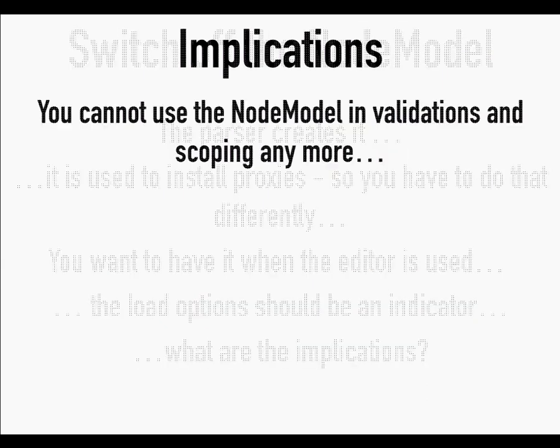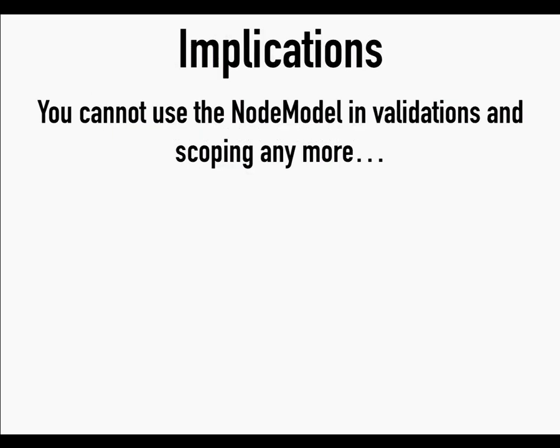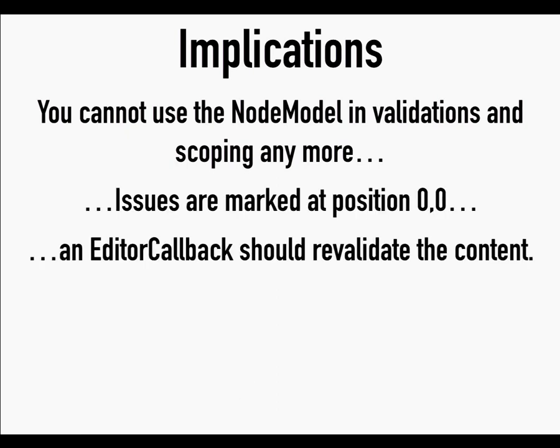And what are the implications? Obviously, you cannot use the node model anymore in your scoping and in your validation implementation. Sometimes people do that. It's not good practice, but sometimes it's practical. But if you want to go with this solution, switching off the node model, you can't do that anymore. It will highlight the position 0.0, that means the upper left corner in the editor, and all your markers that are created by the validator will point to that point, 0.0.